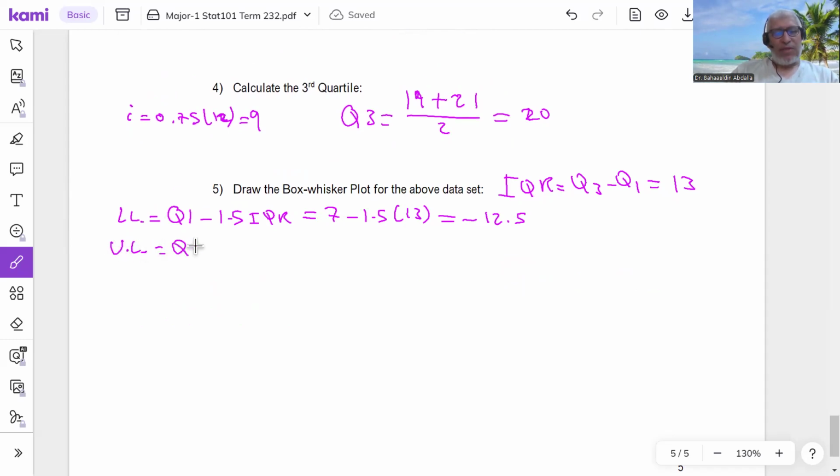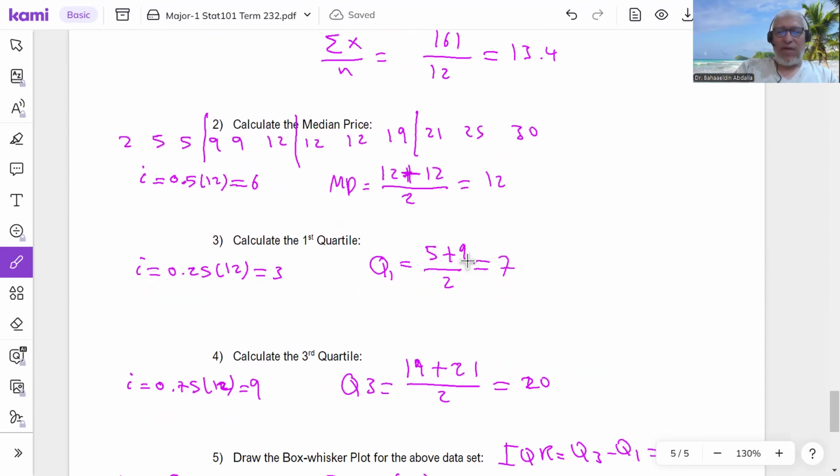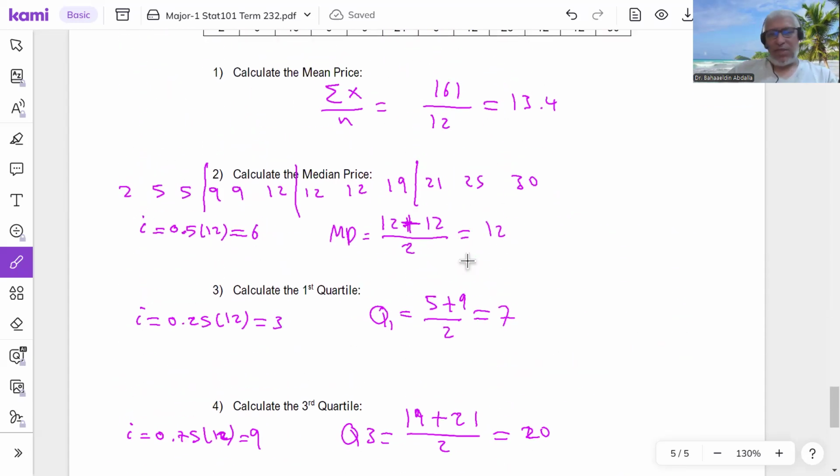The upper limit is Q3 plus 1.5 IQR. That's the formula. So it's 20 plus 1.5 times 13, and this is 39.5. So the upper limit is 39.5, and the largest value in the data is 30.